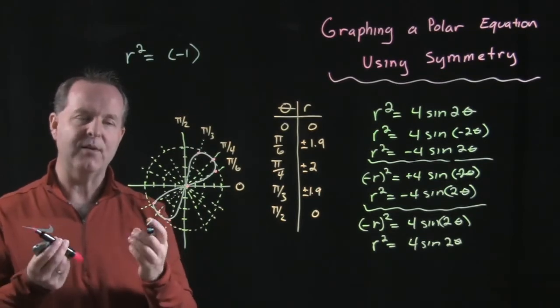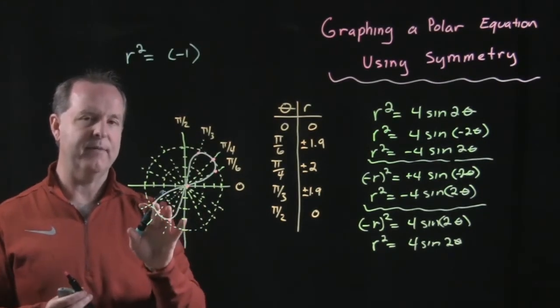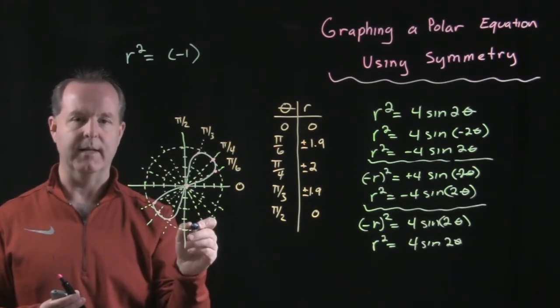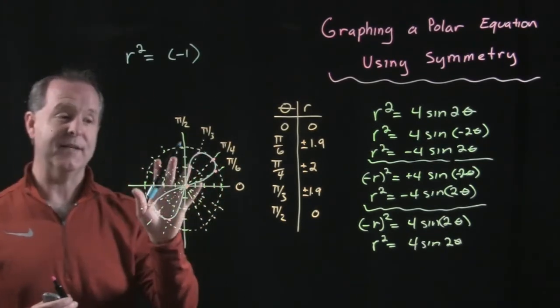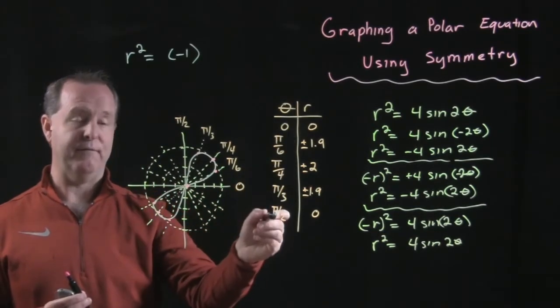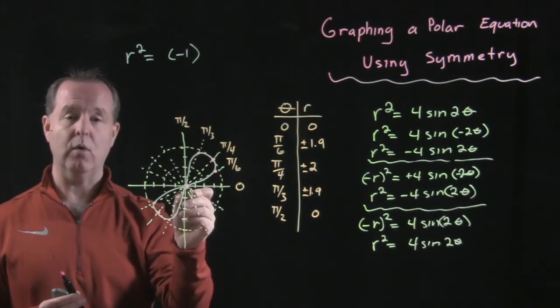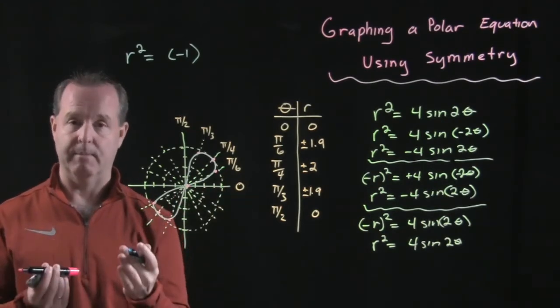If you understand that idea, it helps you realize you don't have to choose all the other points. To fully graph this, I just needed to graph 5 points, realize it was symmetrical about the origin, which allowed me to double the number of points.